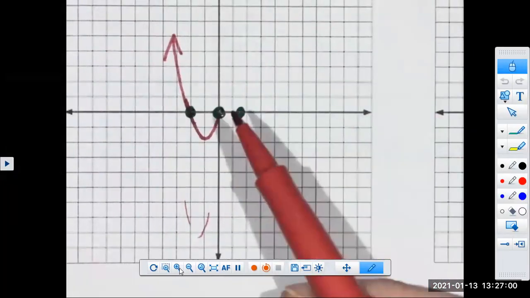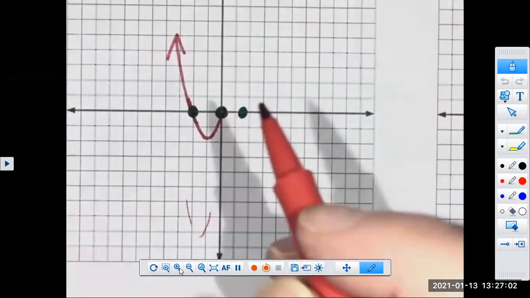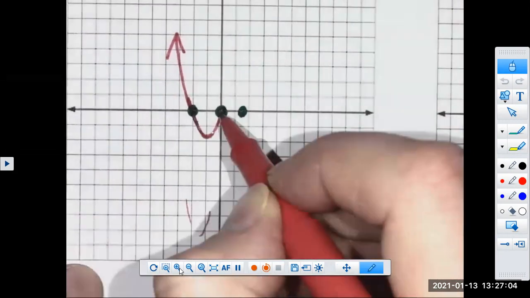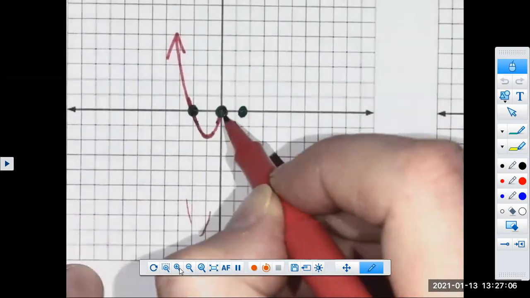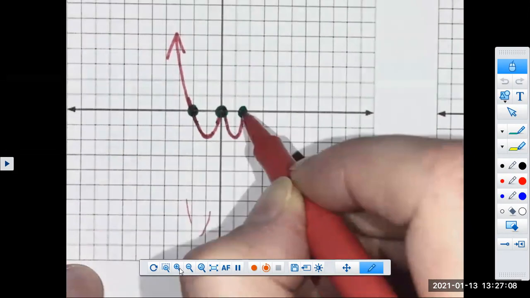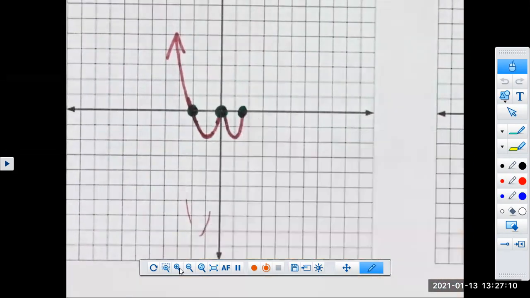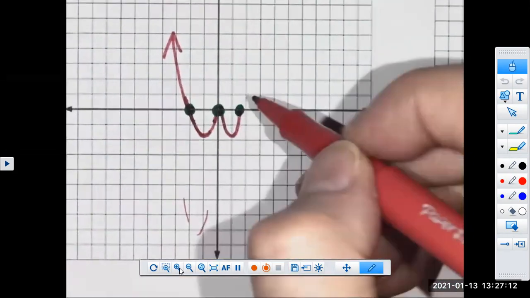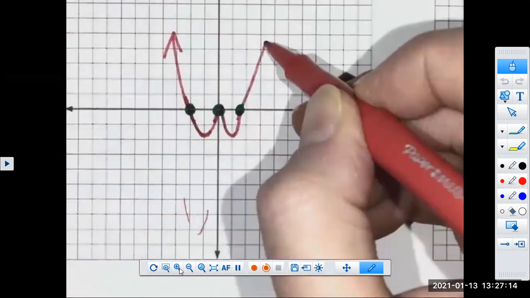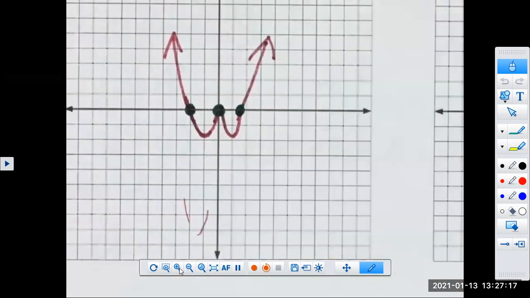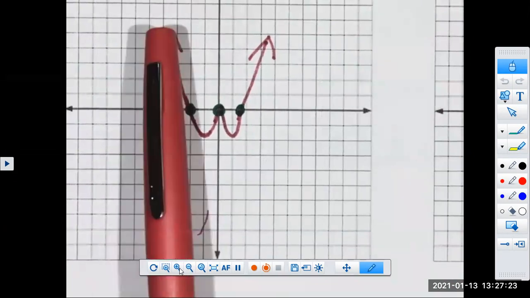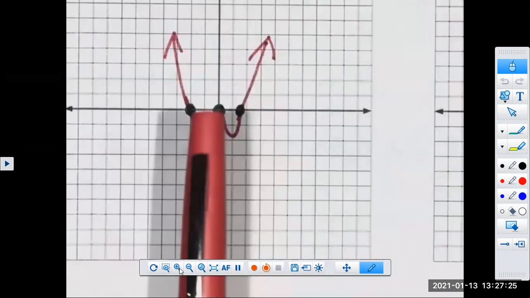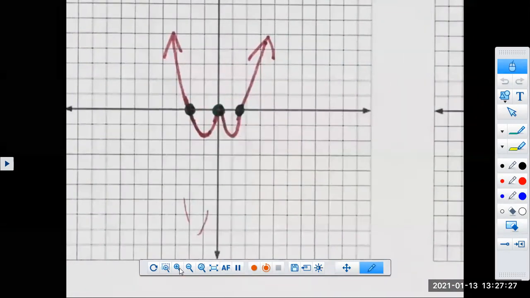It had a multiplicity that was even. So it's going to touch and turn back, and then it's got to come back up and touch this point. And we said it crosses at that x-intercept. And always double check it's going up, up like we said it should be. It's crossing at those two. It's touching and turning back at that x-intercept.